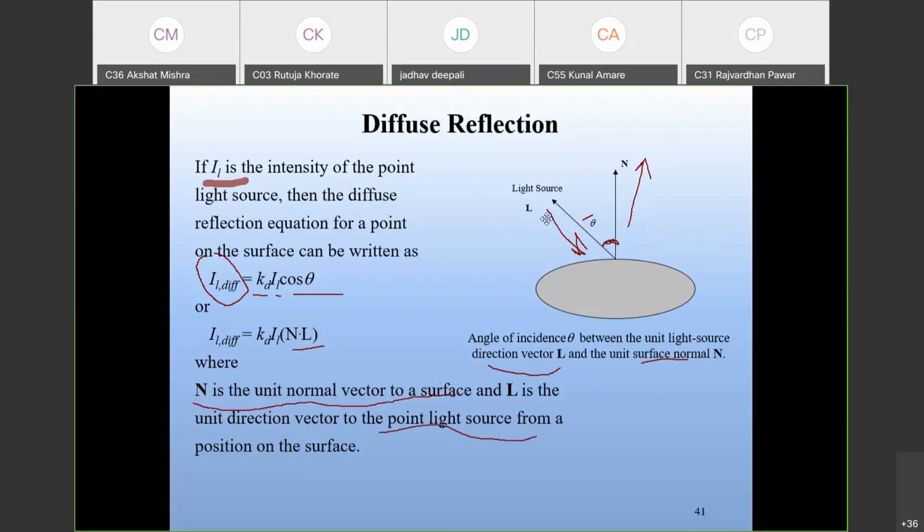So L multiplied with N, multiplied with the diffuse reflection coefficient, multiplied with the intensity of the incident point light source. All these together, or you can use cos theta, we calculate the intensity of that particular surface with diffuse reflection and a point source light.